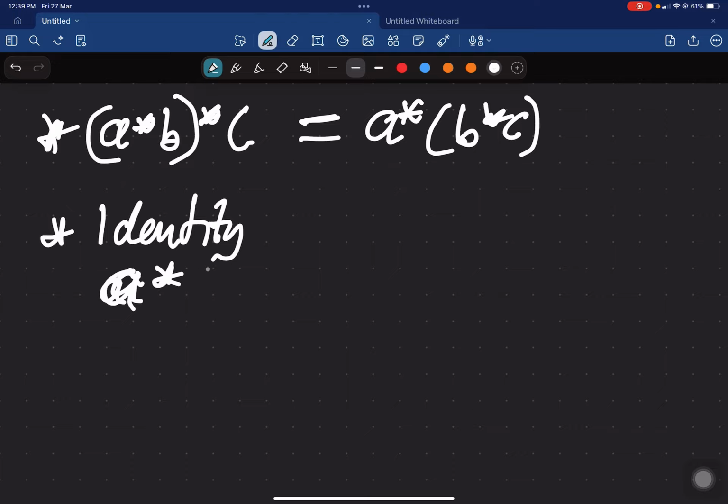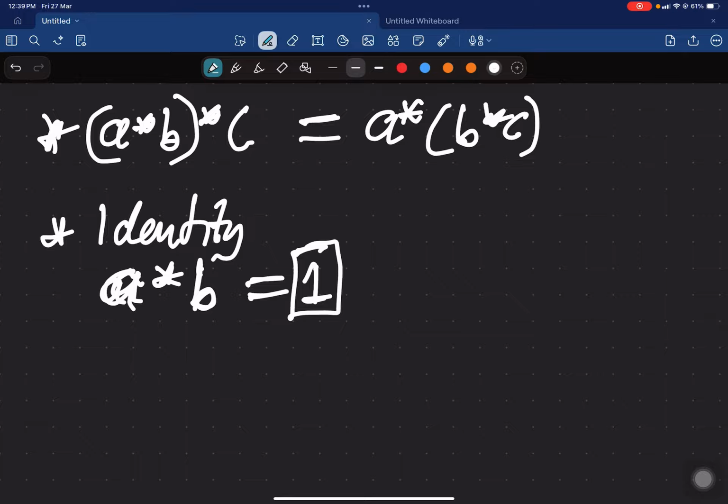So let's say a multiplied by b should give us 1. Then b should be our multiplicative inverse, and this identity here is the multiplicative identity 1.